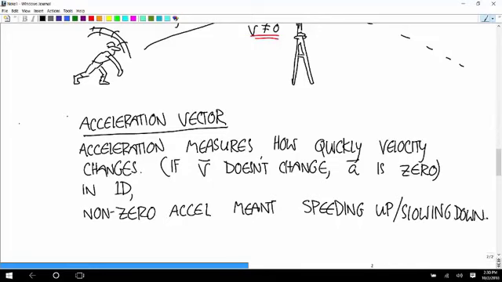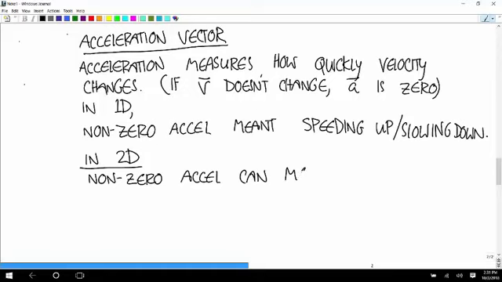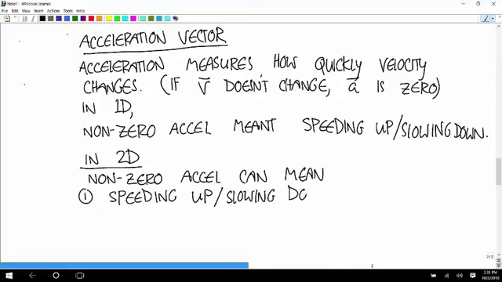Now there's a new thing in 2D. This did not exist in 1D, but in 2D, non-zero acceleration can mean speeding up or slowing down, and or, this is the new thing, turning.